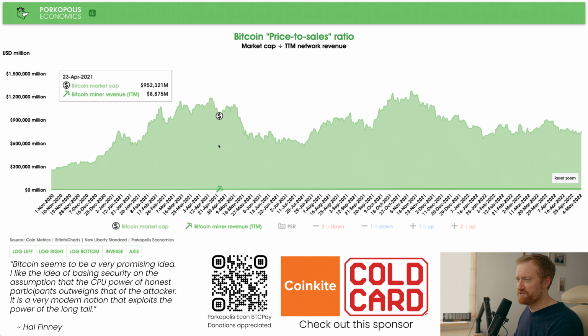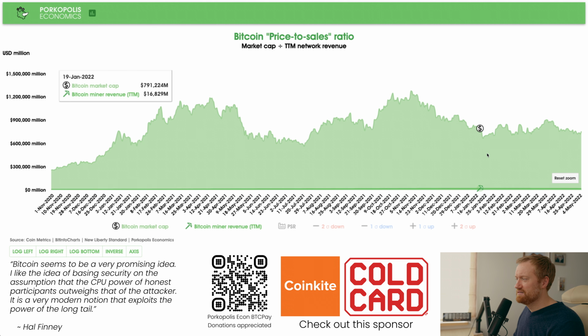So that's network revenue. Trailing 12-month miner revenue, network revenue. It's the total revenue that the Bitcoin blockchain pays to miners. It's the scarce resource that miners are fighting for every 10 minutes.